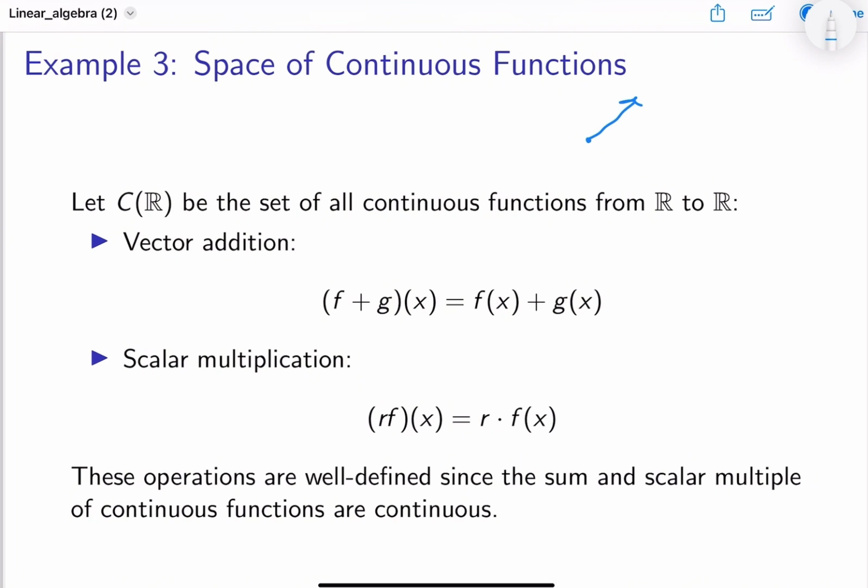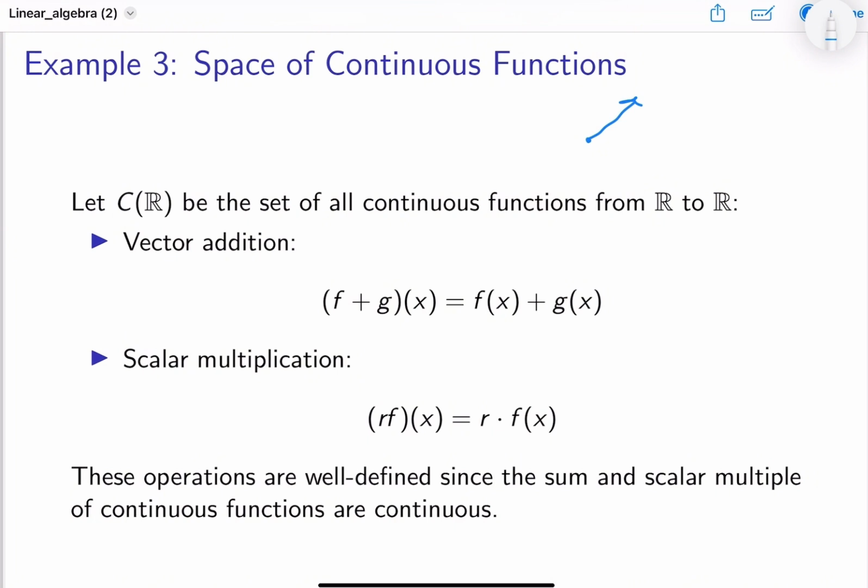When we say vector in linear algebra, what we mean is an element of a set that satisfies the properties of a vector space, right? For example, continuous functions form a vector space. The space of continuous functions actually forms a vector space.